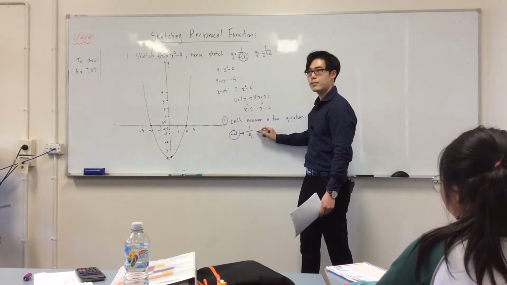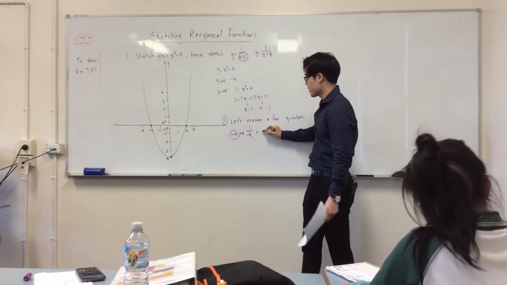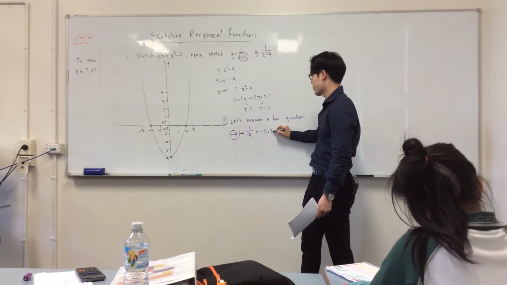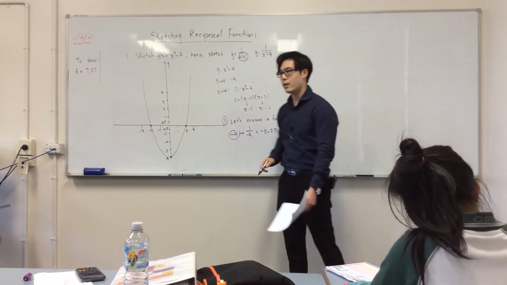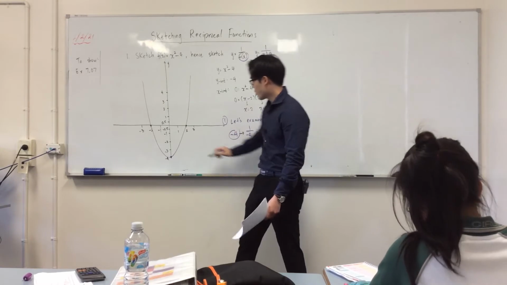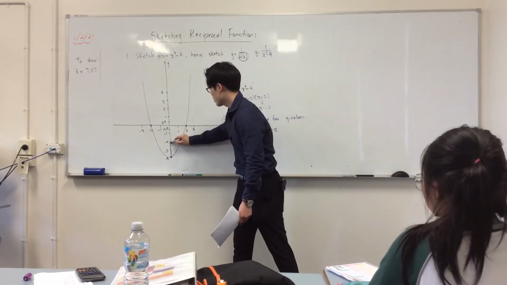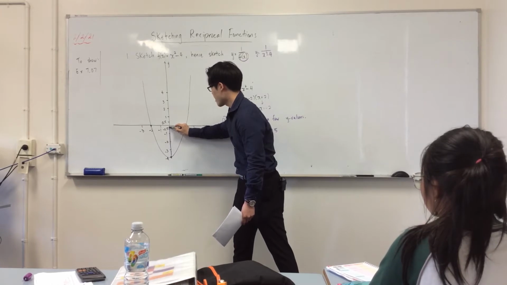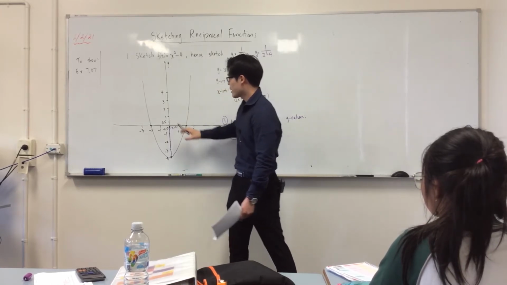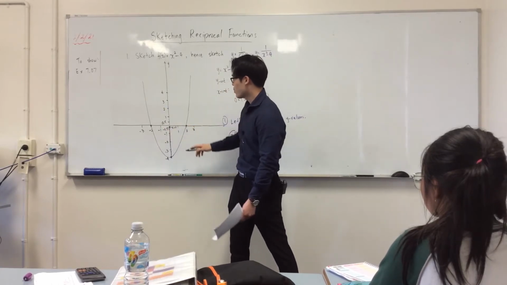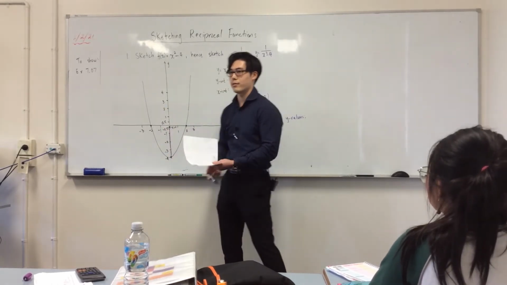And you want to get the decimal number of this, and that's minus 0.25. So our first point of this new graph, from minus 4, it actually goes all the way down to that point, which is your minus 0.25. So basically what I'm trying to do is get a few y values on the graph, and we want to see where the new point on the new graph is.